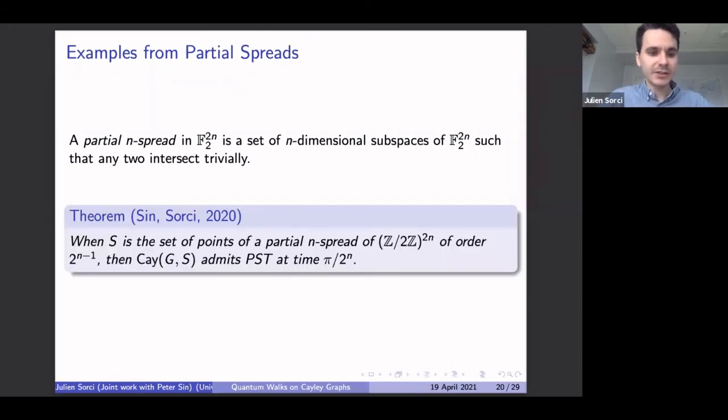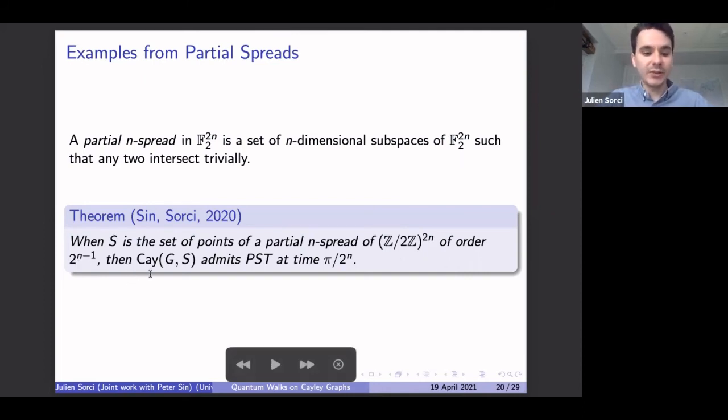But one thing that we showed is that when our connecting set is the set of points of a partial n-spread, and if it has 2^n minus 1 elements, then these normal Cayley graphs of an extra special group admit perfect state transfer, and the minimum time is pi over 2^n.